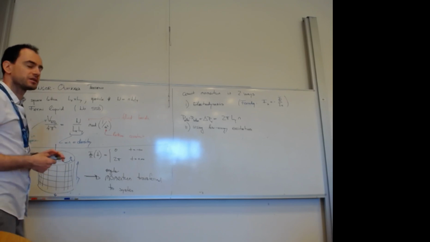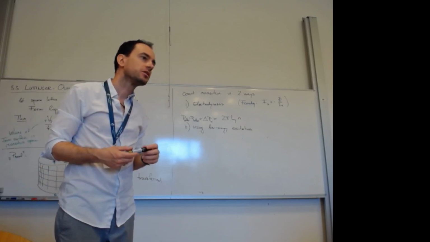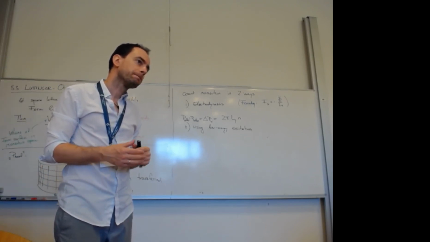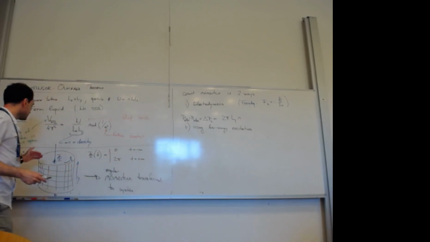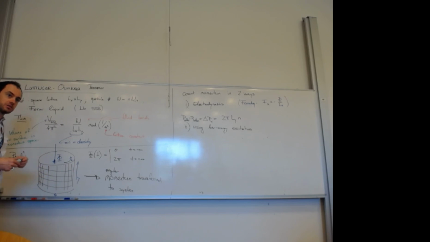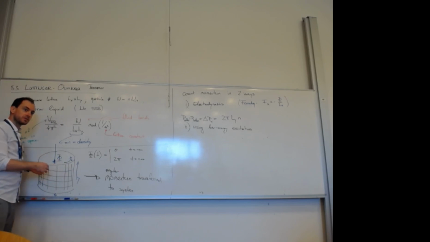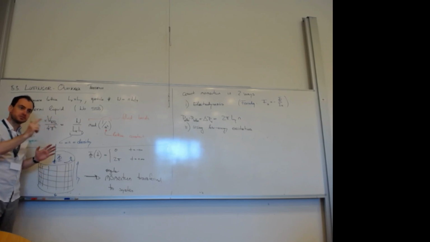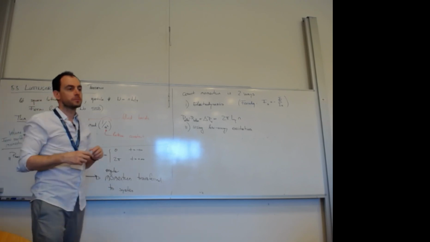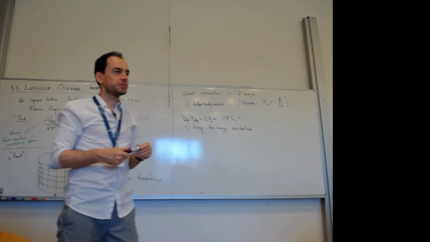What we do is we add a U1 vector potential to the Hamiltonian. This vector potential will be such that the flux that goes through the cylinder increases from 0 to 2 pi. So far our Hamiltonian had only the C2 vector potential, so it's an additional term in the Hamiltonian.